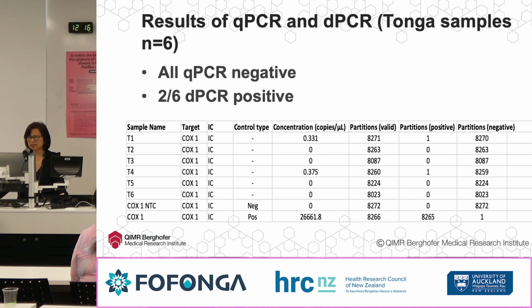There's only one that was positive, and that's less than 1 copy, it's 0.331 copy of this COX target in that PCR mix. So this is really quite impressive, that we can detect as low as 0.331 copy of the target per microliter.